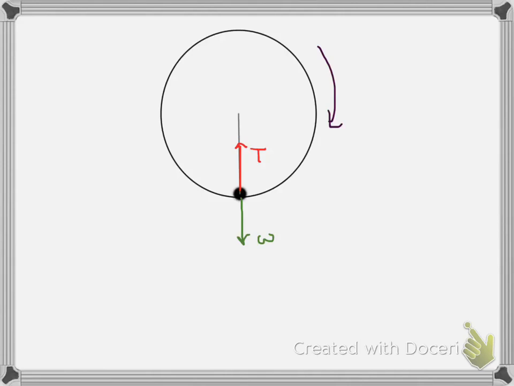Now, the tension force is the only one that points towards the center of the circular path here, but the weight force is also pointing along the radial direction, along the line that goes to the center. So it's also a centripetal force. But one of these is positive and one of these is negative.